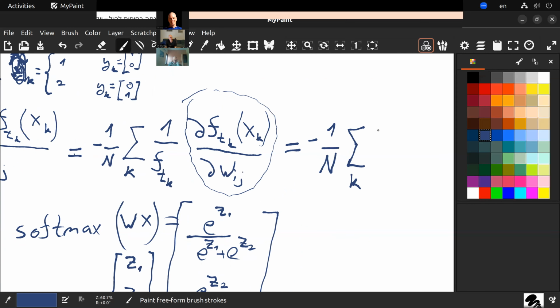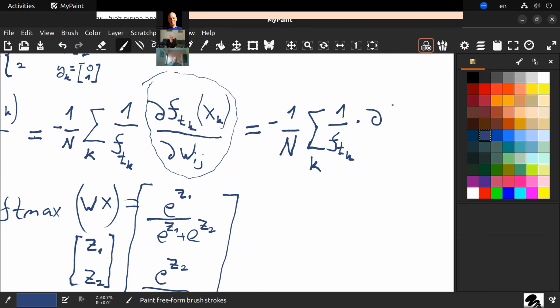I want to say that here we have this f of tk, and here we have a derivation of e, just one of them, right? Because of tk, e to the z of tk, to the e of z1 plus z2, all this.